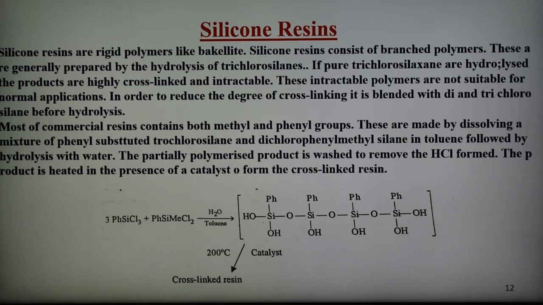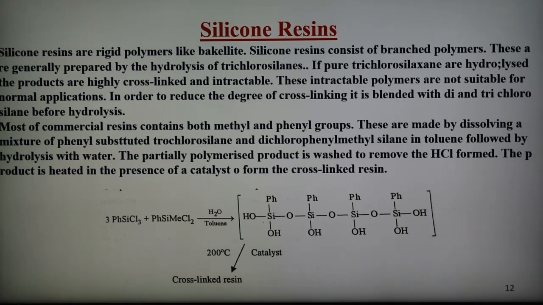And the third product is silicon resin, like another one, the phenol-formaldehyde resin. Silicon resins are rigid polymers, similar to bakelite, and consist of branched polymer. These are generally prepared by the hydrolysis of trichlorosilane.